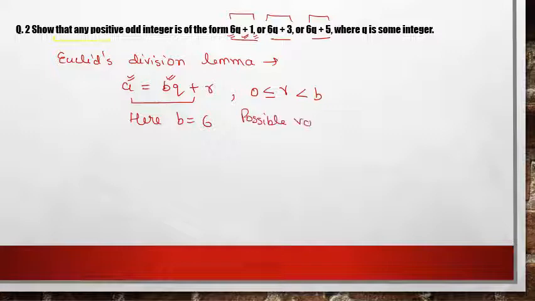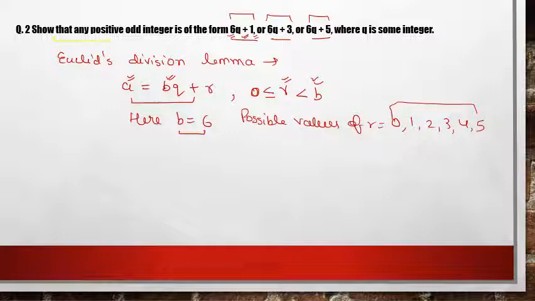If we substitute b as 6, what will be the possible values of r? The possible values of r will always be less than b, starting from 0. So 0, 1, 2, 3, 4, 5, less than b, which is 6 here. All these values are possible, right? Now again check the keyword.